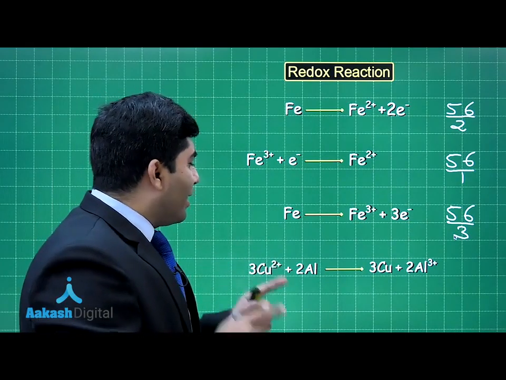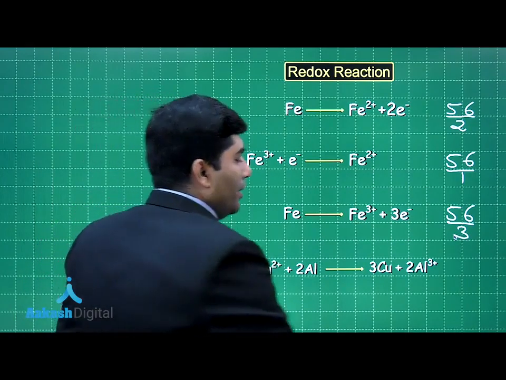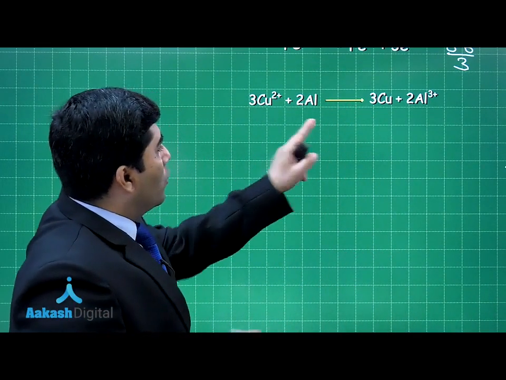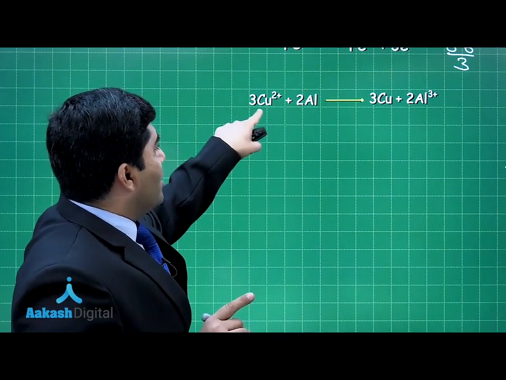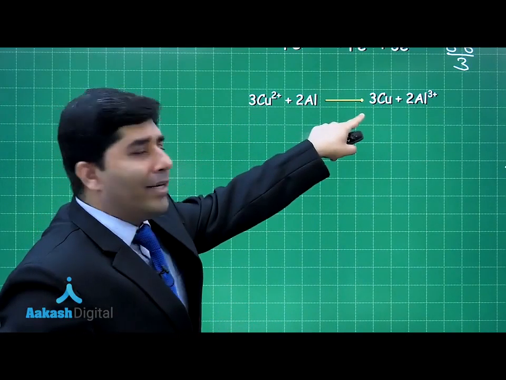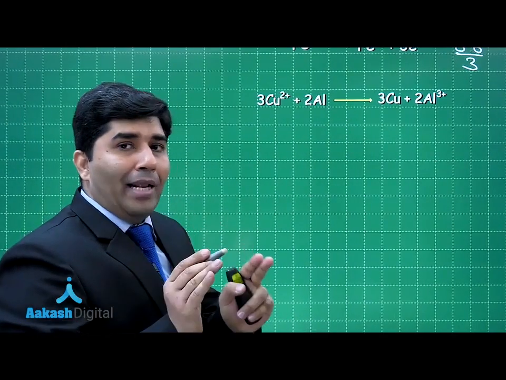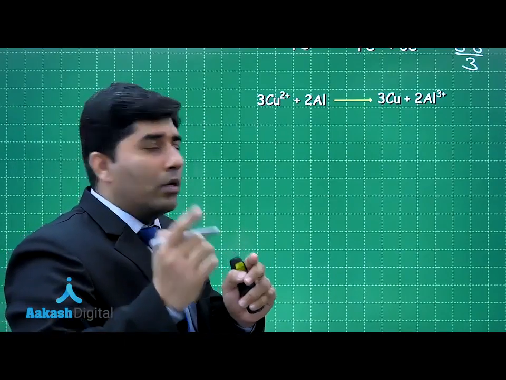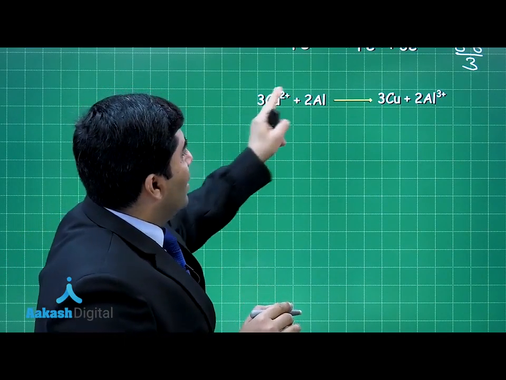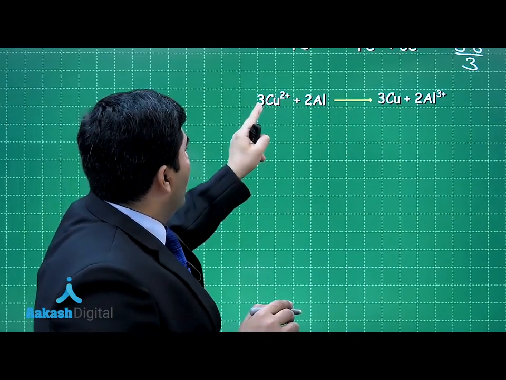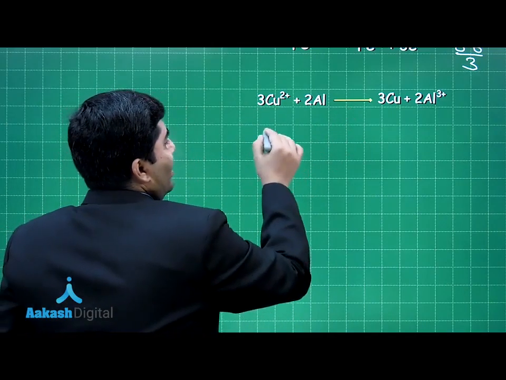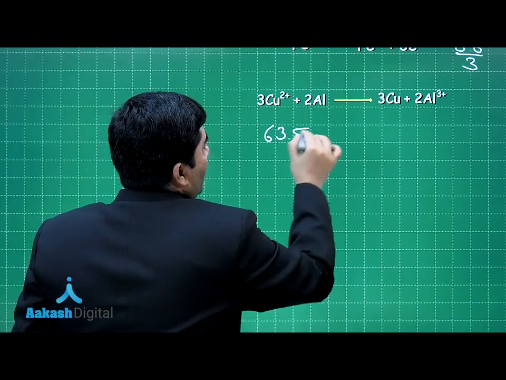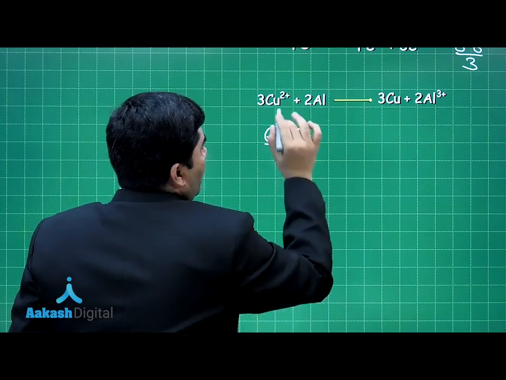Now, this is a complete redox reaction, and we have to find out the equivalent weight. Now, there is Cu2+, it's converting to Cu. Don't look at the balancing because equivalent weight is always found for 1 mole. So Cu2+ is converting to Cu, therefore its equivalent weight will be equal to 63.5 divided by 2.